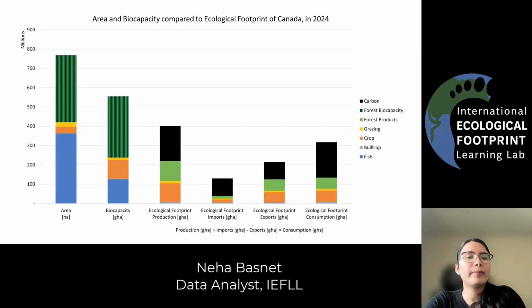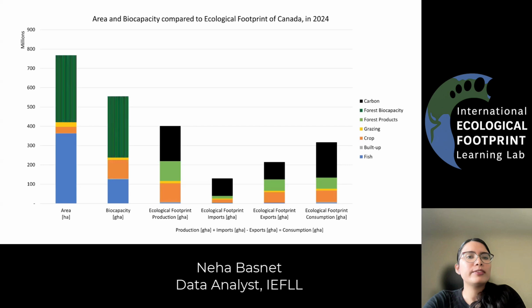For instance, the biocapacity measured in global hectares of fishing ground is lesser than the total number of hectares for Canada, while on the other hand, when it comes to cropland, you will see that there are more global hectares of biocapacity with respect to cropland in Canada than there are hectares. And that's because the cropland in Canada tends to have higher yield per hectare compared to the global average yield of cropland. In the Canadian context, this graph shows that roughly 80% of the country's biocapacity is generating a flow of ecosystem goods and services.